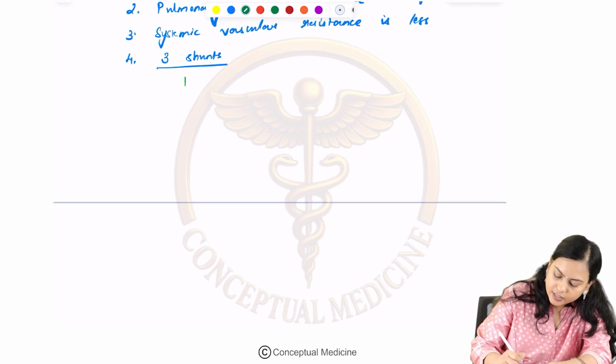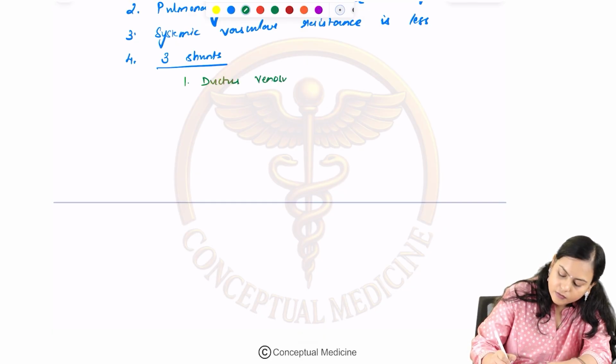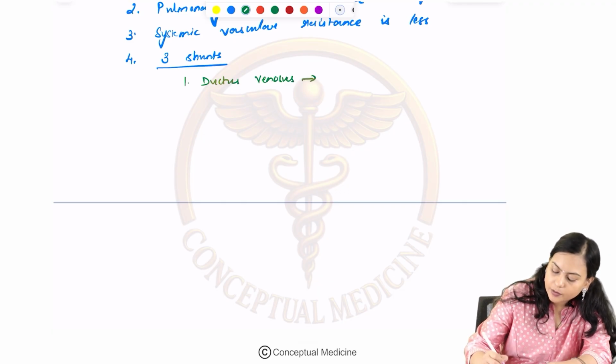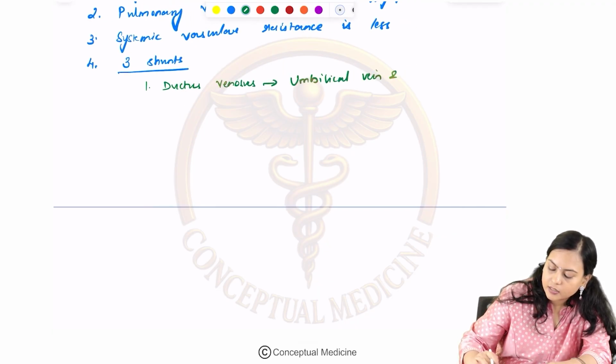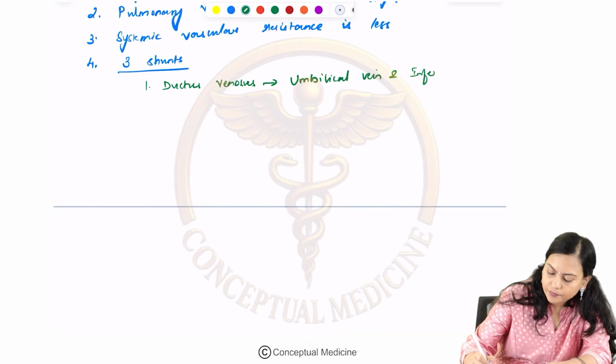And the fourth point is, you have three important shunts that are present in the fetal circulation. Number one is the ductus venosus, which helps in shunting the blood between the umbilical vein and inferior vena cava.